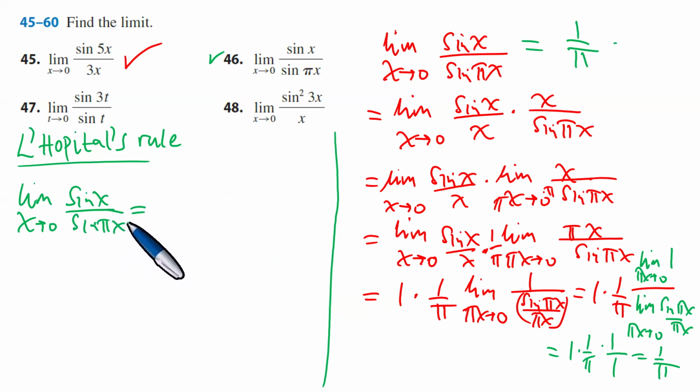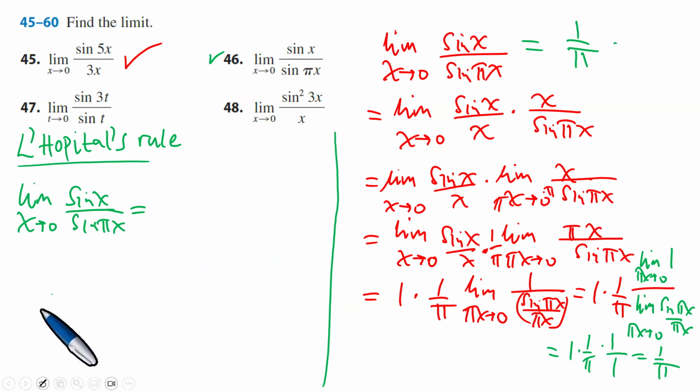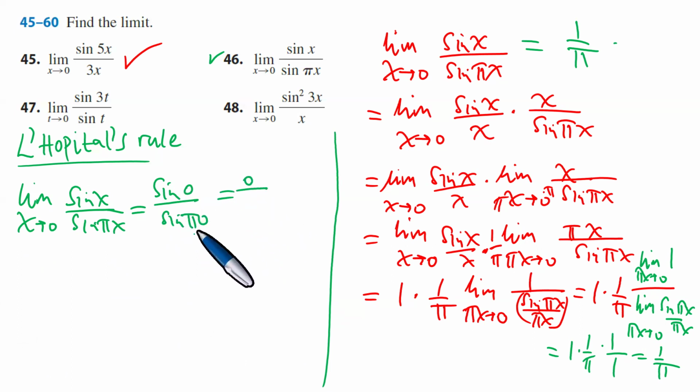Now, something important is to first take this limit, but to deal with this limit, we substitute. So we're going to have the sine of 0 divided by the sine of pi times 0. Sine 0 is 0, sine pi times 0 is 0. 0 over 0 is indeterminate, called an indeterminate form.